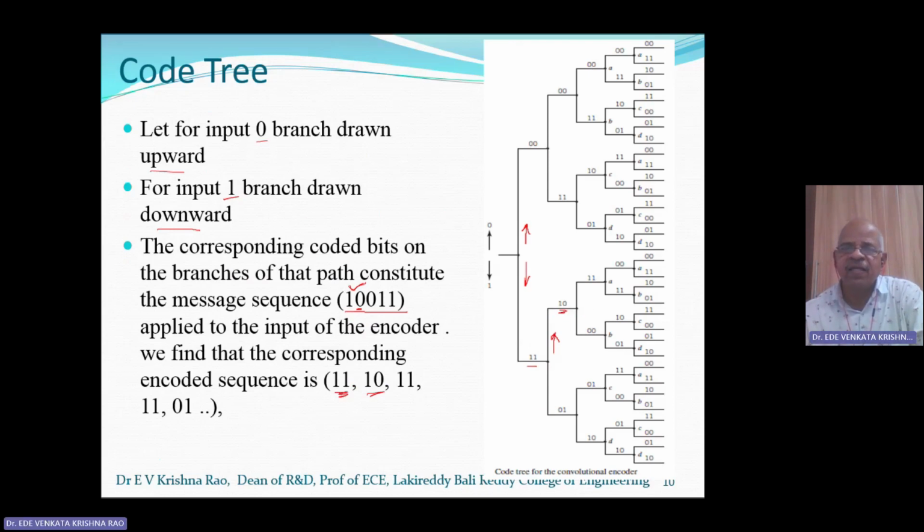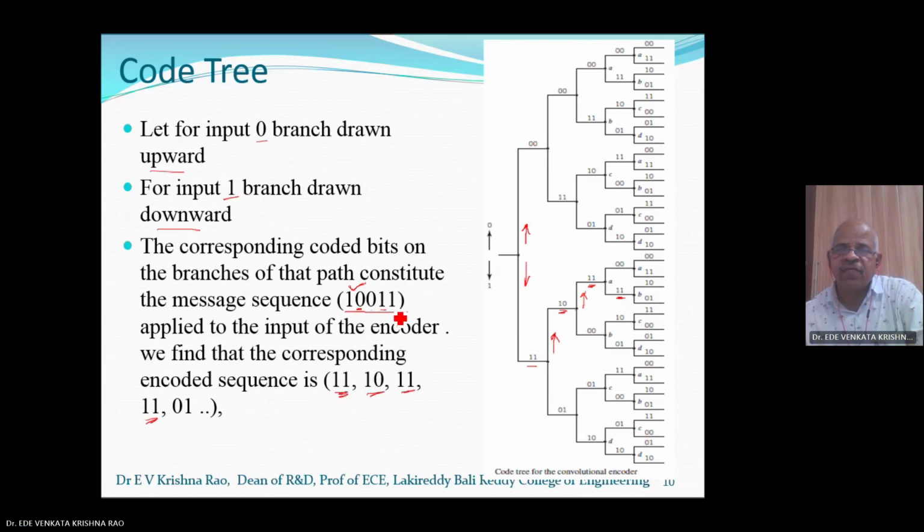Okay, and the third bit 0 is given. Here it is already here. Third bit 0, so again upward, and the code output 1 1 is written here. And the fourth bit 1 is given, downward. From here downward, the output sequence is 1 1.